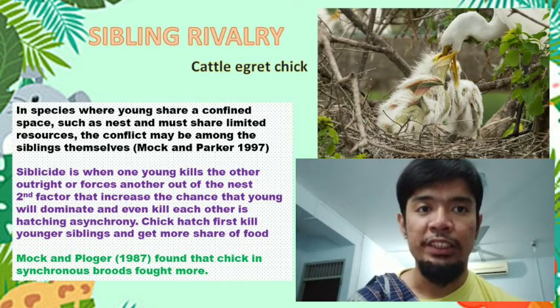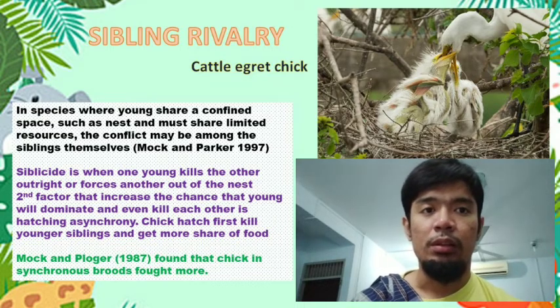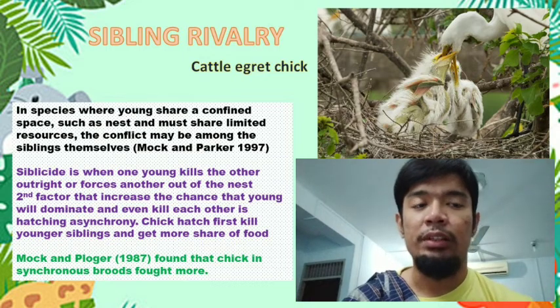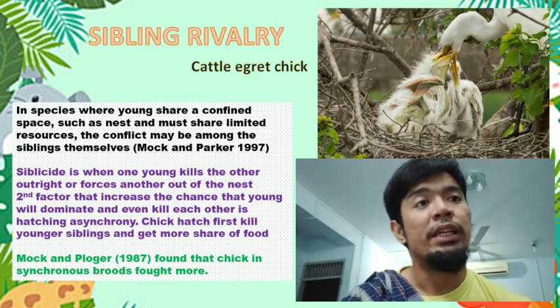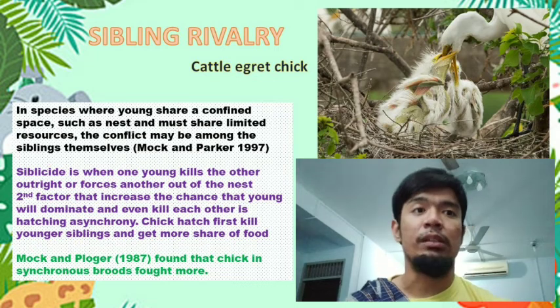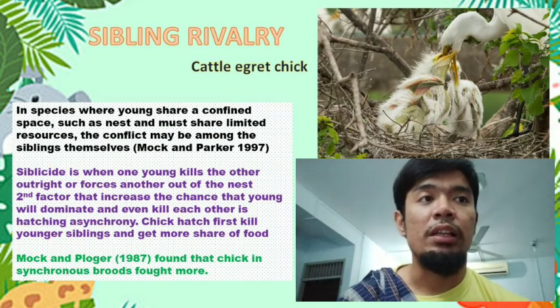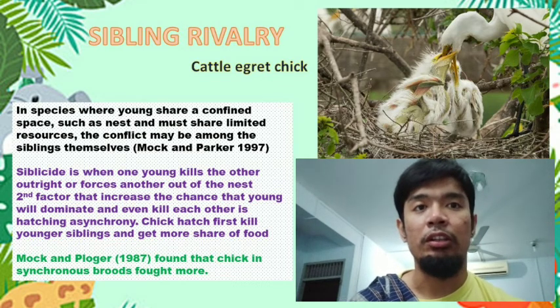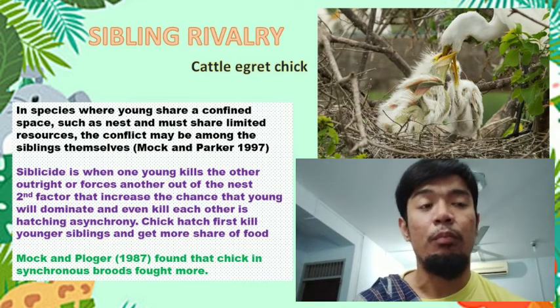The chick that hatches first kills younger siblings and gets a larger share of food. But here we can see that Mock and Ploger found that chicks in synchronized broods fought more. We can see here in cattle egret chicks as the model of sibling rivalry, where they usually kill each other to get more food. Of course, by logic, the animal that lives gets more food.